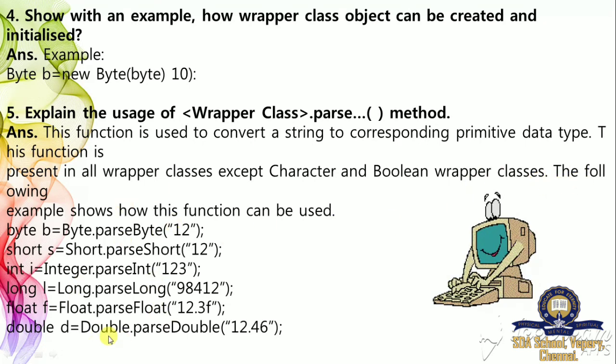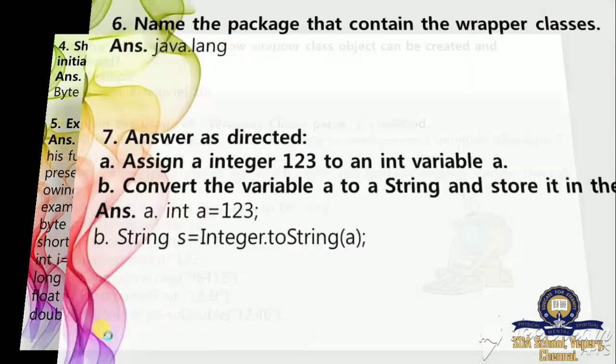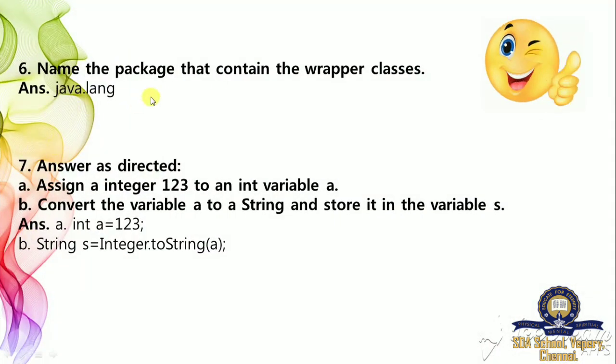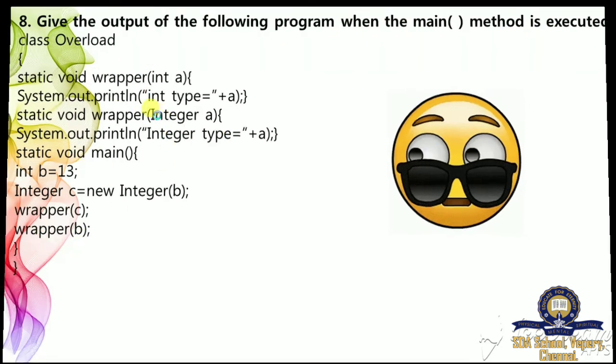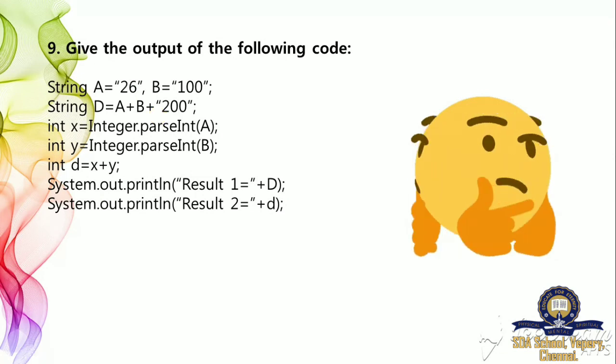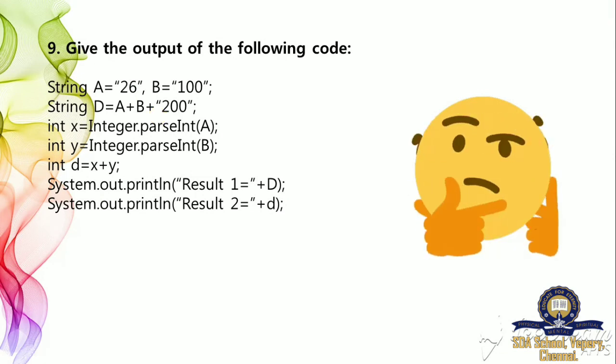You can write this also. Name the package that contains the wrapper classes. java.lang. You can check yourself whether this answer is correct or not. Eighth one is, give the output of the following program when the main method is executed. You have to write the output for this question, and for this one also you have to write the output.